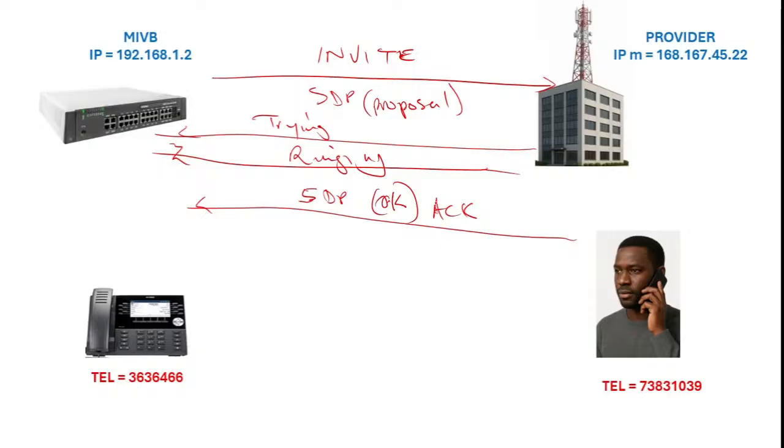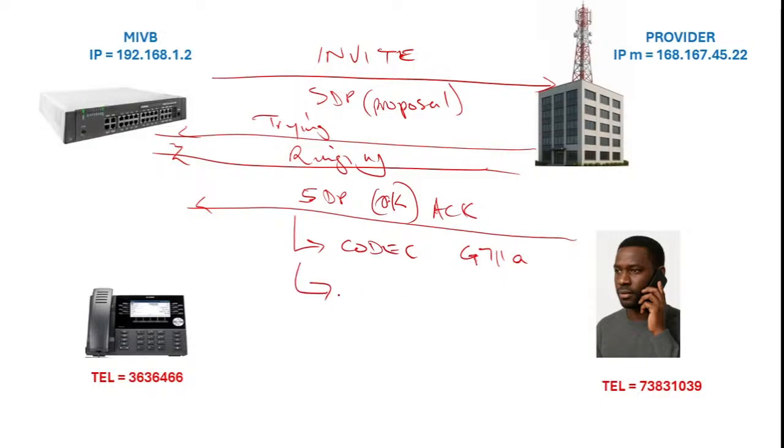In this SDP from the provider, it's also going to have a codec selection, which is it is agreeing to say, okay, I saw you said you can talk to me with G711A. I am agreeing. You can go ahead and use that.